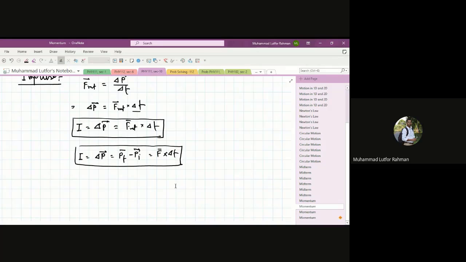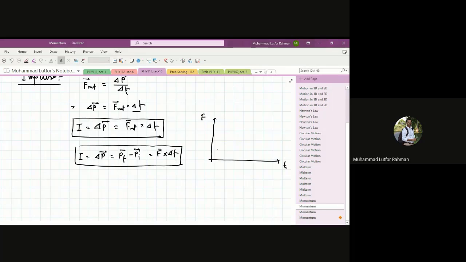The concept of the average force: if I draw a curve to explain this, say I apply a force on a system, this is the force versus time graph. You can consider when a player hits a cricket ball, the ball is coming towards him and he strikes the ball, right?